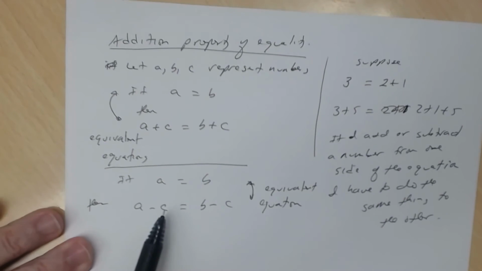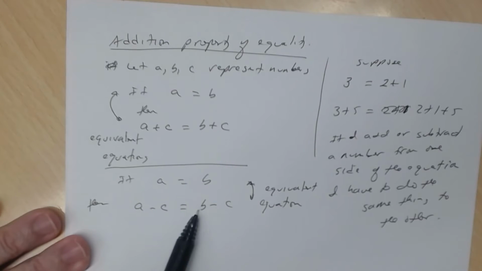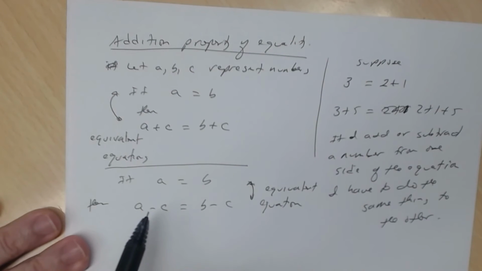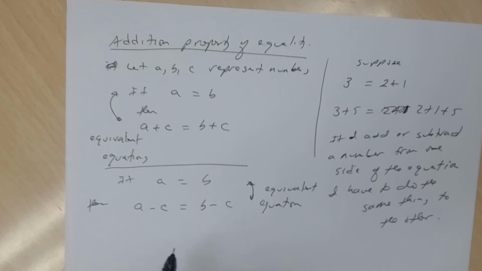All right. Now, this idea here is not called the subtraction property of equality. There's only addition property of equality. We can subtract because remember subtraction, we can always change subtraction to addition.